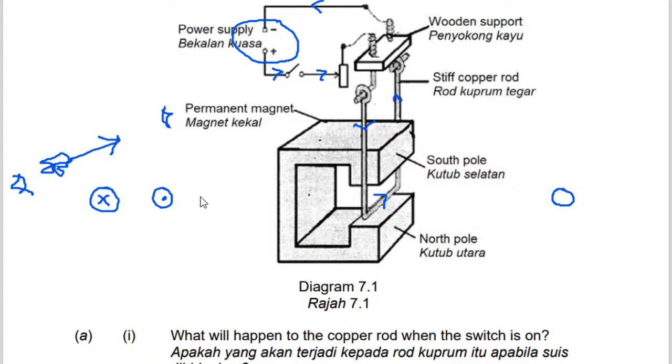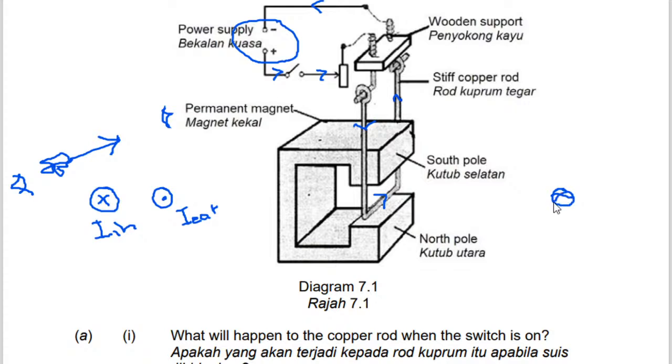That is how you memorize the symbol lah. X means current going in. Dot means current going out. Handwriting cikgu. Current going in, so it means X.